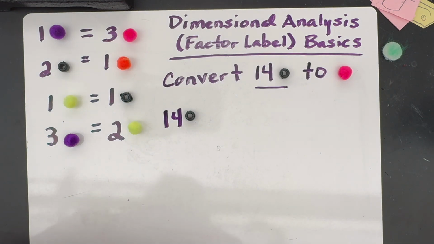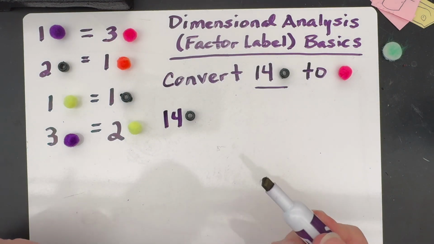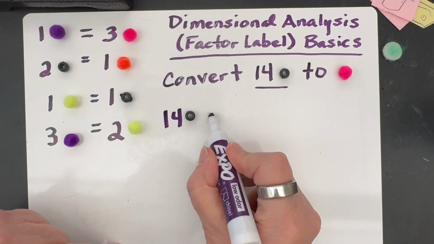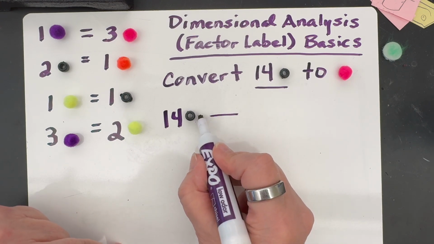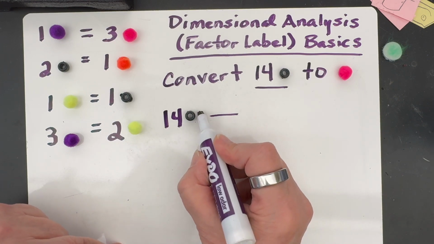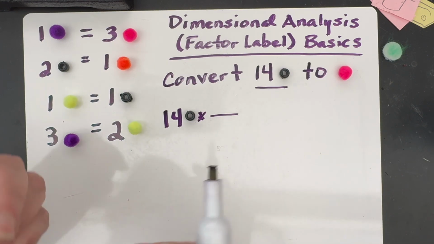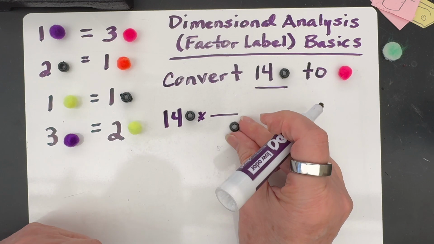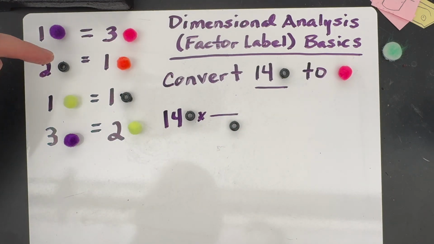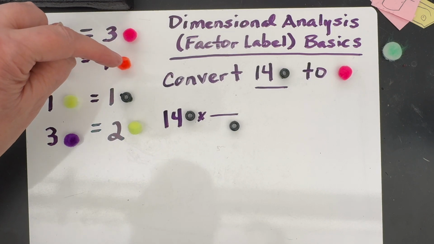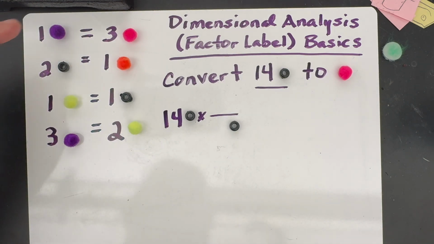Now we want to cancel black beads. So our conversion factor is going to have, this is multiplication, it's going to have black beads on the bottom. And our choices are to go from black beads to orange, but then we're sort of stuck because there's no other oranges.